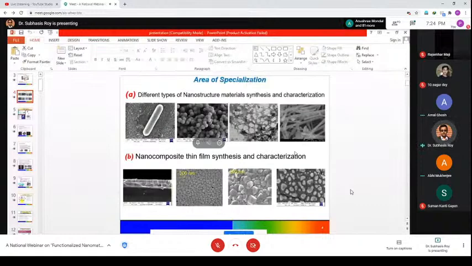Particularly for optical properties, carbon nanotubes or carbon-related materials are giving very highly sensitive gas sensors or magnetic actuators. And in solar panels, this technology has started being used. Okay, sir. Thank you.